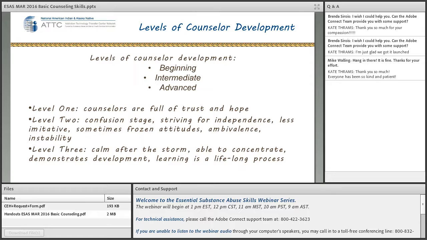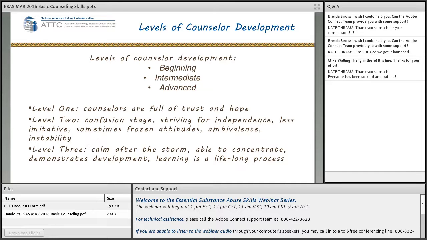Also going back to the levels of counselor development, level 1, counselors are full of trust and hope. Level 2 is often the confusion stage, striving for independence, less intimidated, sometimes frozen attitudes of ambivalence and instability. Level 3, calm after the storm, able to concentrate and demonstrate development.